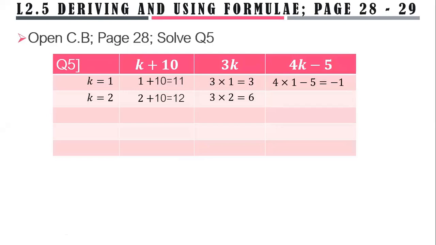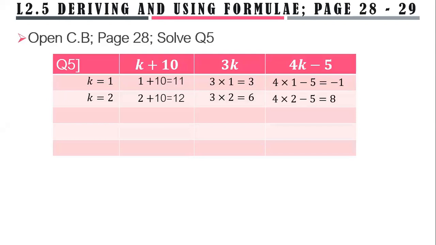And 4 times 2 minus 5 equals 3. Excellent job. So is it correct, Hamza? No. Now this is another error. So let's move to the next one.